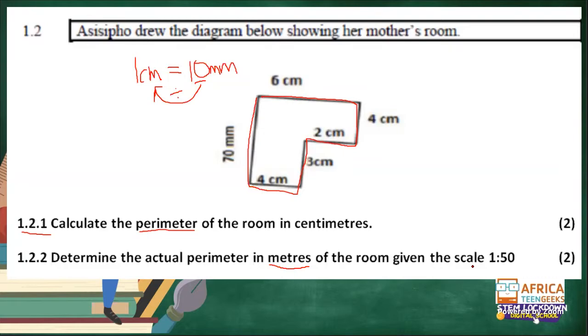Again, 2 marks. I'm giving you learners 2 minutes for 1.2.2. Okay, 1 minute 30 seconds left.